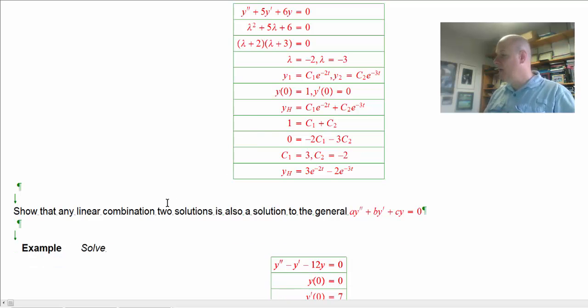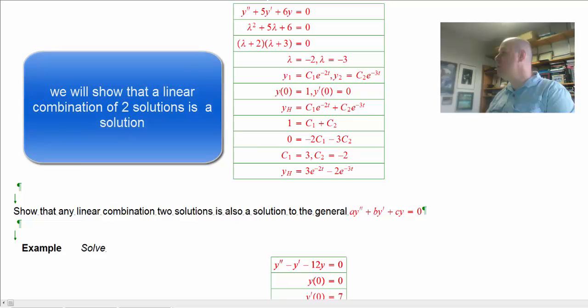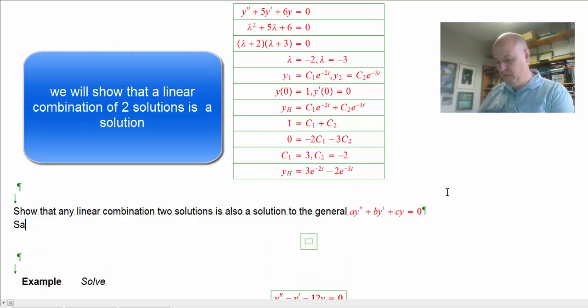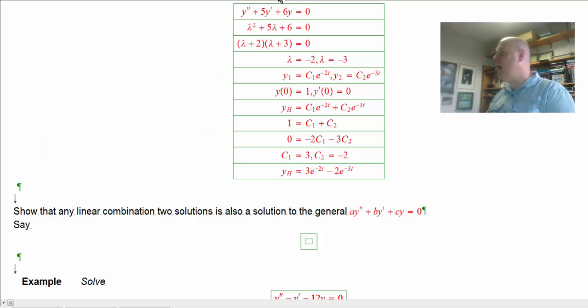In general, any linear combination of two solutions to a linear second order constant coefficient homogeneous differential equation is also a solution. So in order to show that, I need to start off with my assumption. So say, now I'm going to end up writing y1 and y2, but they're just any general solutions.